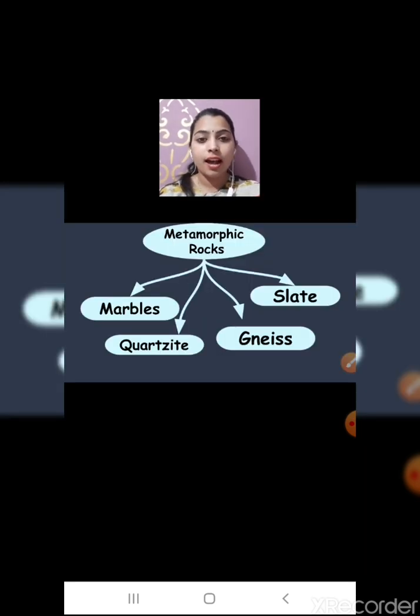Now here are the 4 types of metamorphic rock. See, there is one common thing: we studied 3 types of rocks. First igneous rock, second sedimentary rock, and now we are studying metamorphic rock. Each and every rock has 4 parts. How many parts? 4 parts. Here also, metamorphic rock is of 4 types.